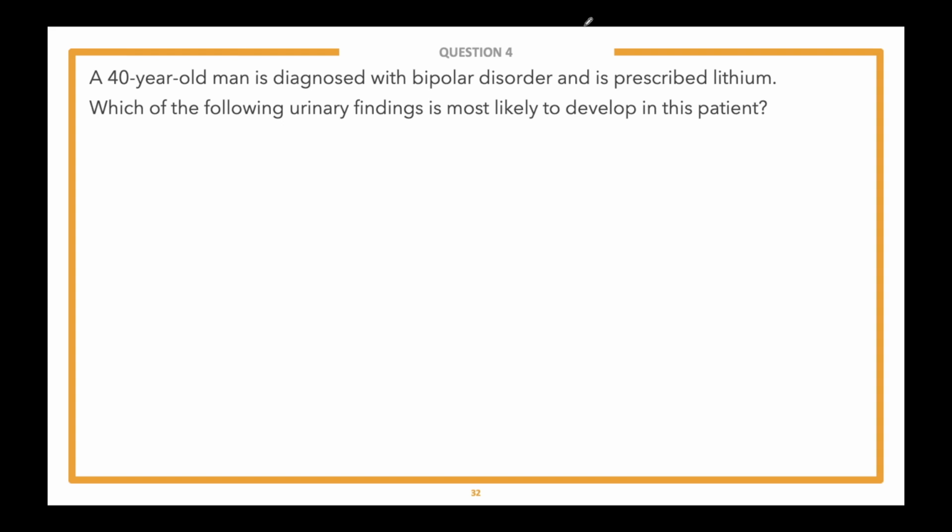You can see here a very short question. In this, again, demographics, 40-year-old male diagnosed with bipolar disorder and prescribed lithium, just like the last patient. And again, they're asking us about urinary findings most likely to develop.